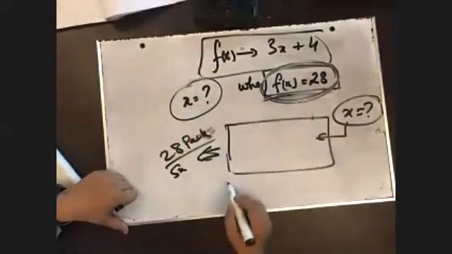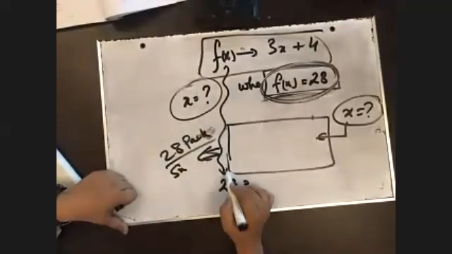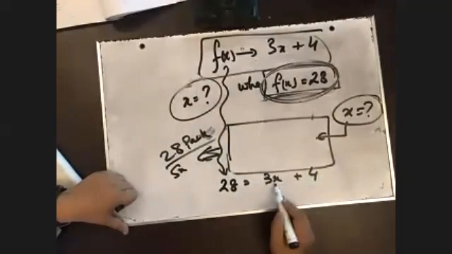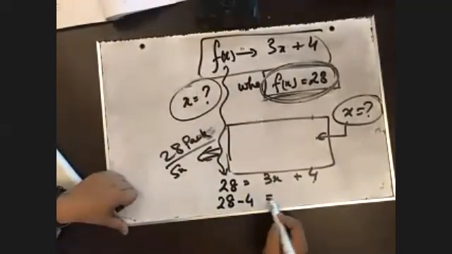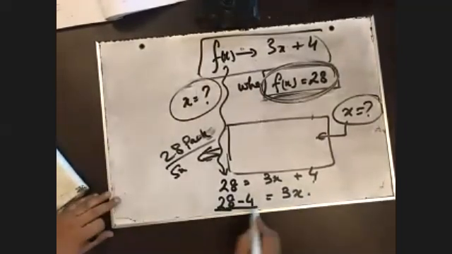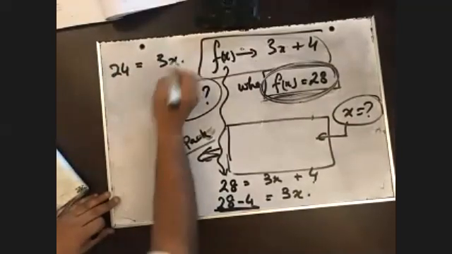So what you're going to do, you're going to put 28 here instead of f(x), and you need to find the value of x. You set this here. It becomes 28 minus 4 is equal to 3x. So 28 minus 4 is how much, guys? 24 is equal to 3x.